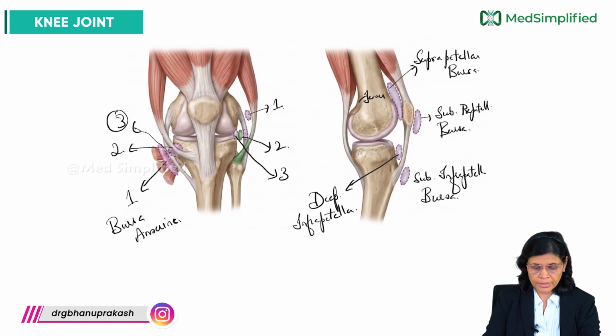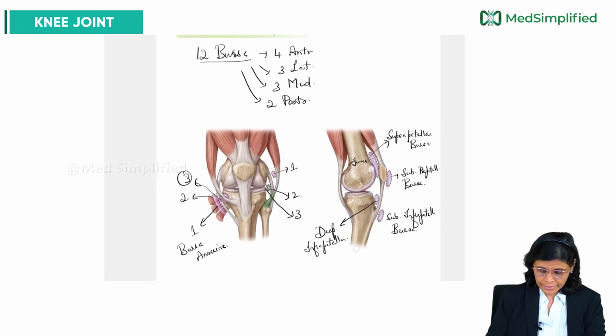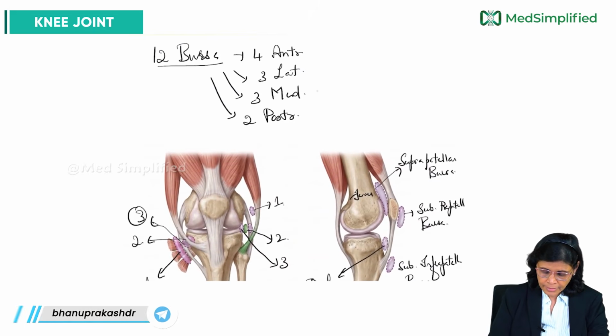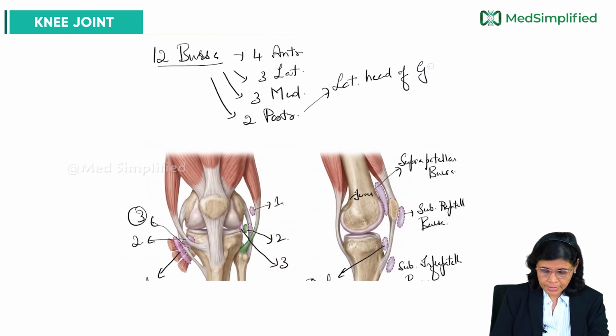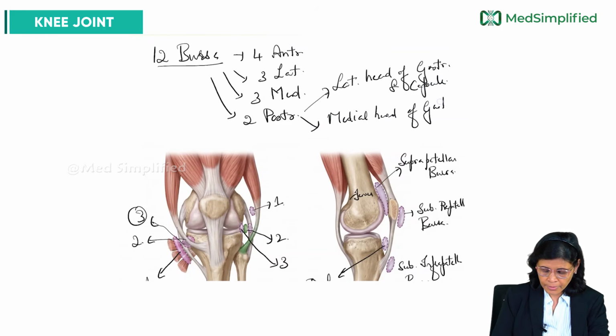Posteriorly we will see 2 bursae. One is between the lateral head of the gastrocnemius and the capsule of the joint. Another one will be between the medial head of gastrocnemius and the capsule.